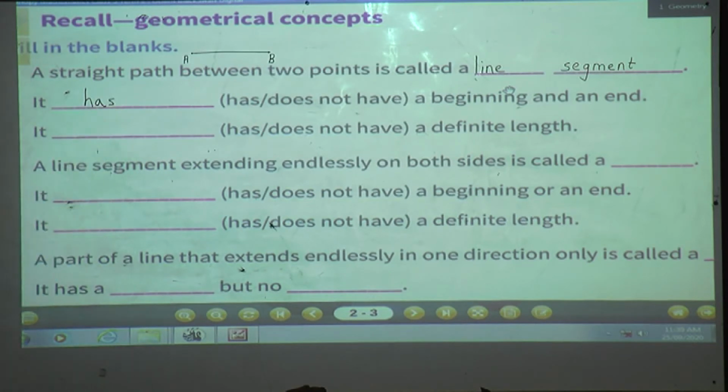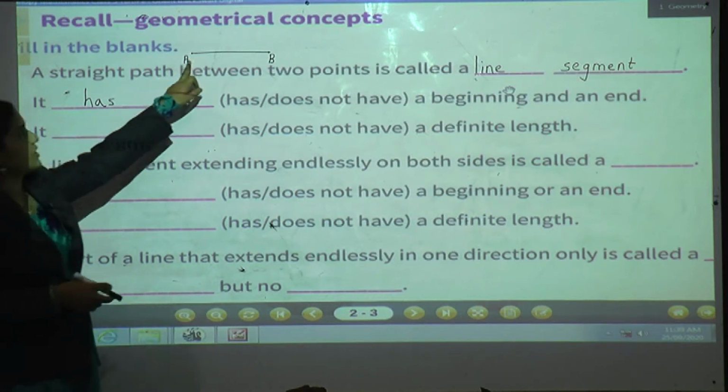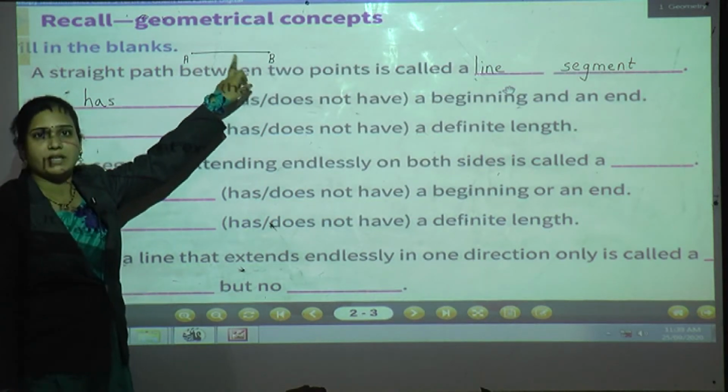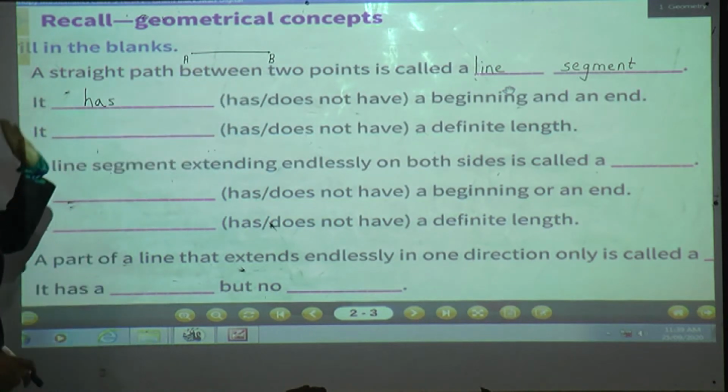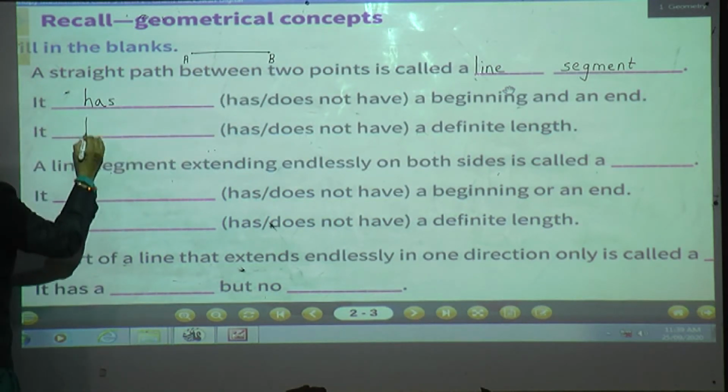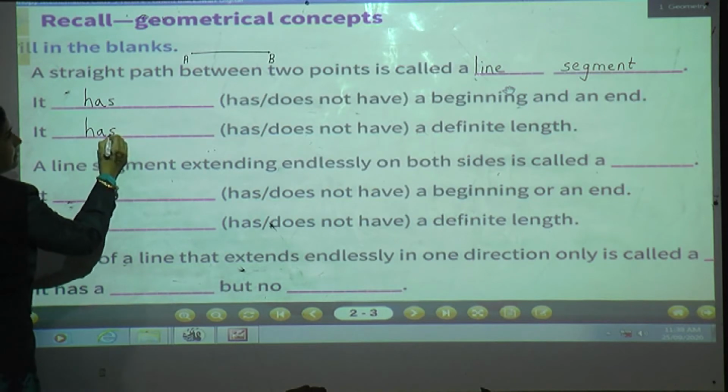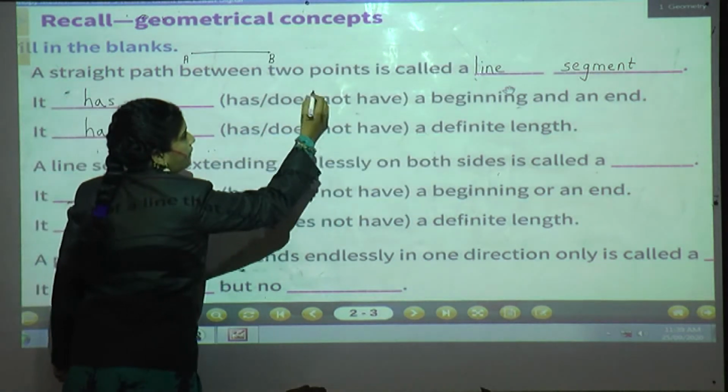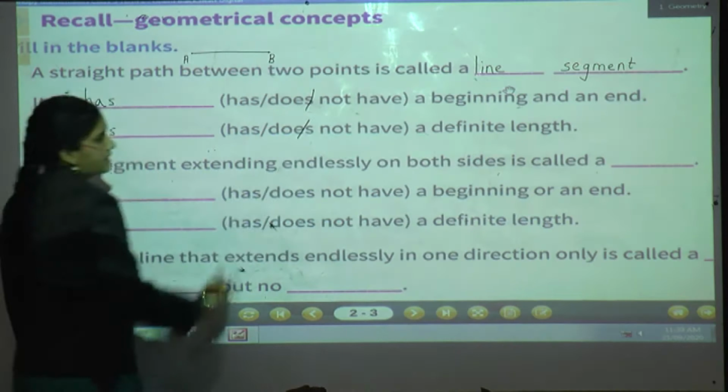Then next one, it dash has or does not have a definite length. Yes, students, we can measure it by using the scale. So our answer is, it has a definite length.